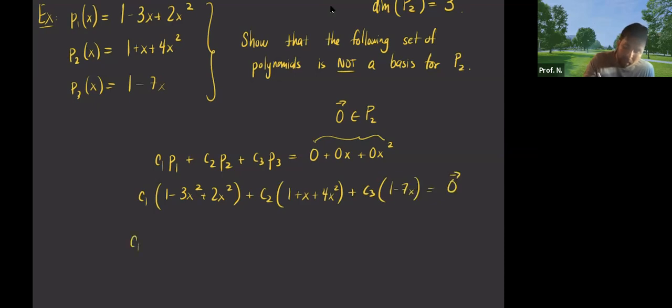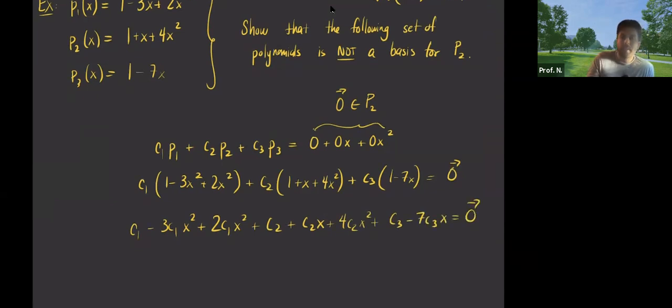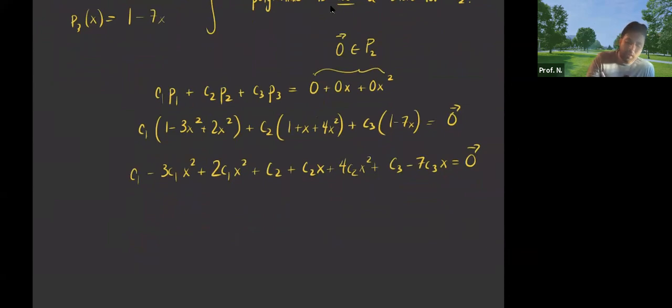Then you do C1 minus 3C1 x plus 2C1 x squared plus C2 plus C2x plus 4C2 x squared plus C3 minus 7C3x. This all equals 0, right? Then we combine like terms. You have C1 plus C2 plus C3, that's my constant term, plus C2 minus 7C3 x.